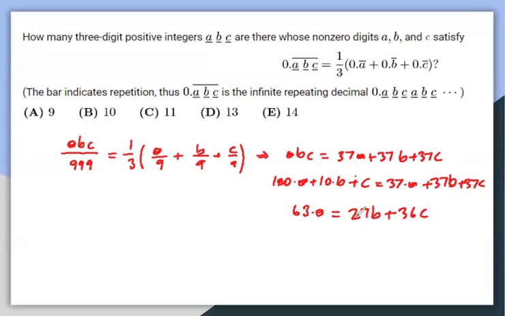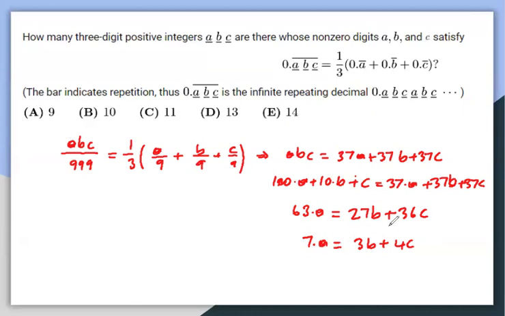It's nice because the coefficients are all multiples of 9, so we just divide by 9, and that should be 7A equals 3B plus 4C. Now we have the equation, but it has three variables, and what we want is the number of triples that satisfy this equation, because this is the same as the given one. We just simplified it to get this one.